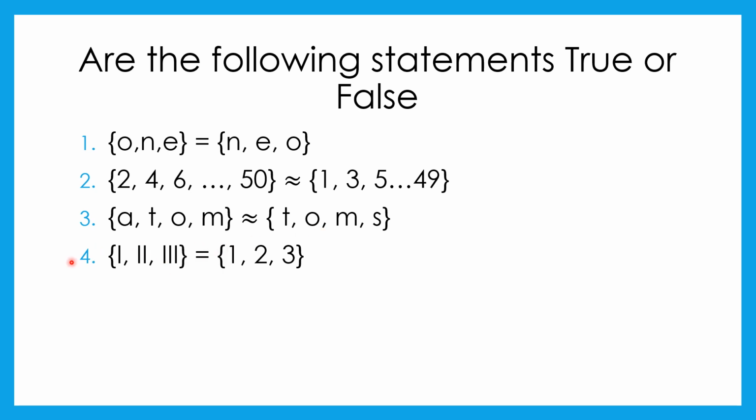And number four, the first set has three Roman numerals I, II, and III, and on the other set we have 1, 2, 3, which are Arabic numbers. So this means they are equal. So number 4, true. Number 3, true.